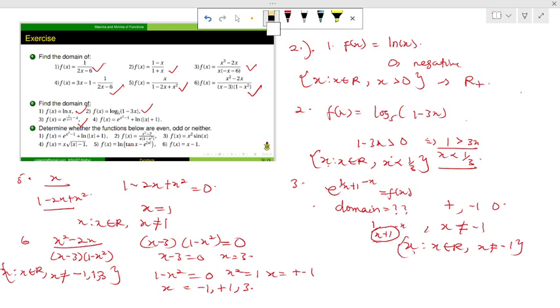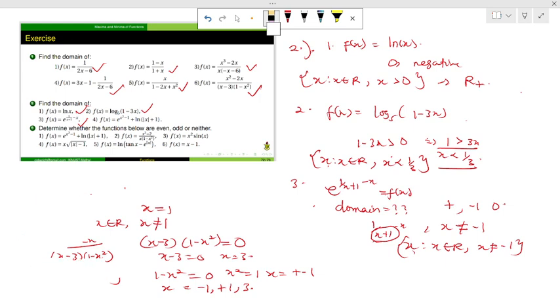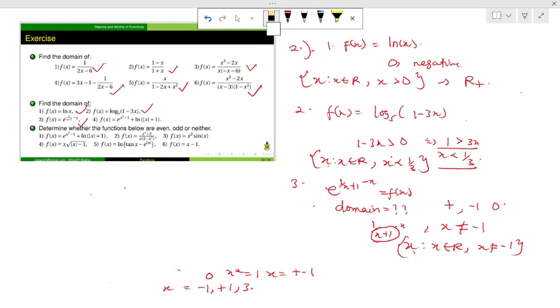Now we are moving to the fourth one, right? f of x is equal to e to the power x squared minus 1, plus natural log of absolute value of x plus 1.